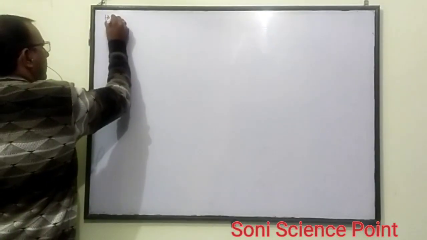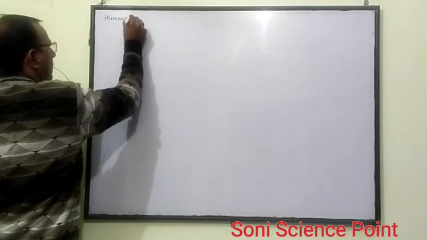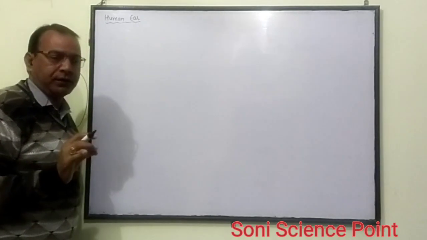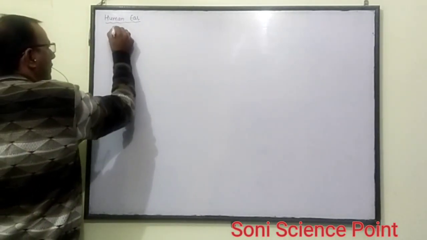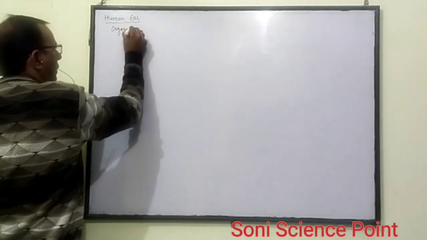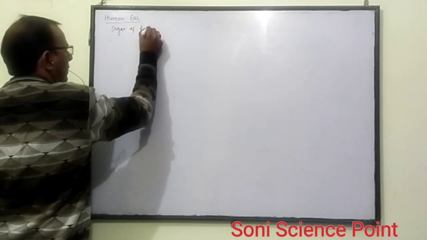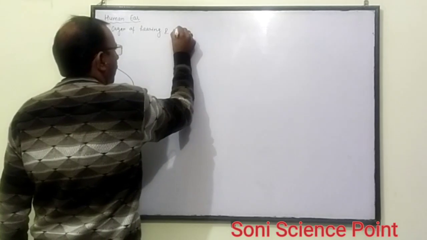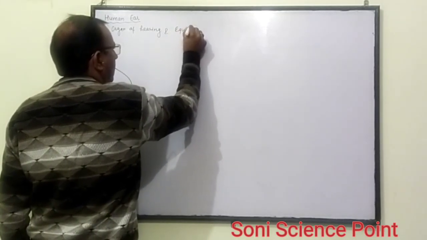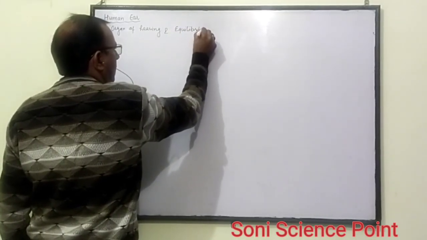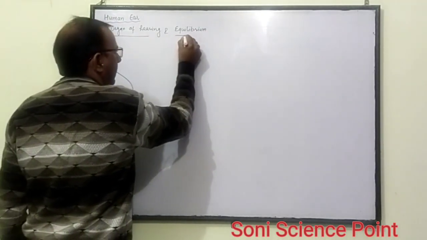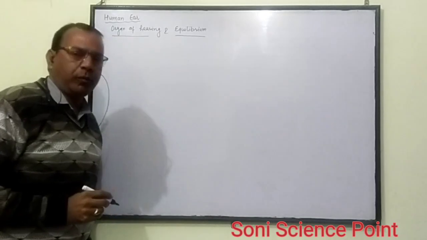Human ear shows dual function. It is the organ of hearing and equilibrium. This organ helps in hearing as well as in maintaining body equilibrium.